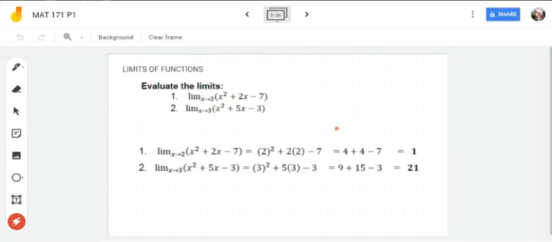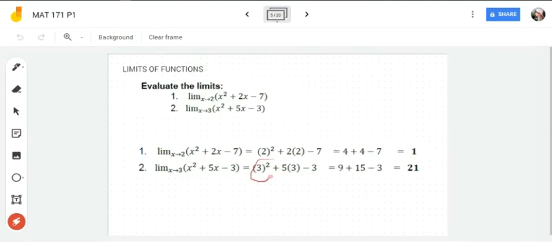Okay, next, we will be evaluating the limit of x squared plus 5x minus 3 as x approaches 3. So in order to evaluate that limit, you will simply substitute 3 on these values. So the limit of x squared plus 5x minus 3 as x approaches 3 will be equal to 3 squared plus 5 multiplied by 3 minus 3.